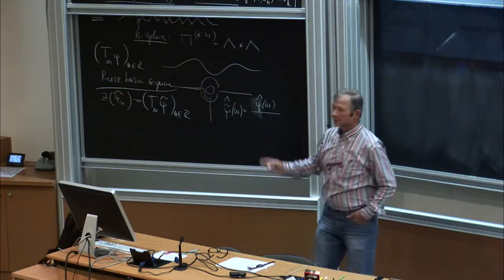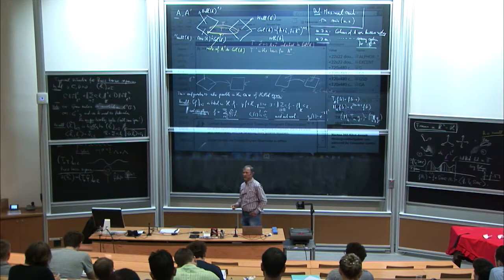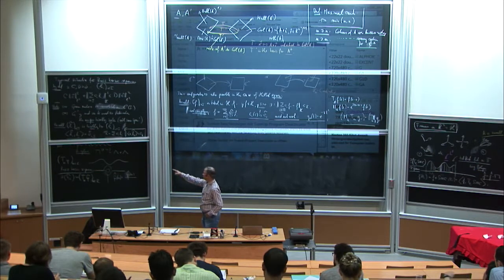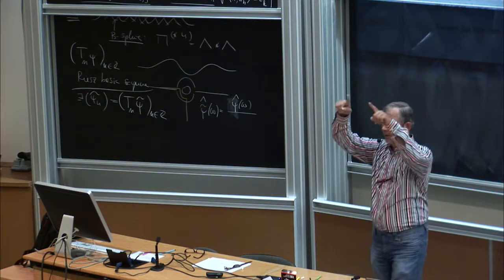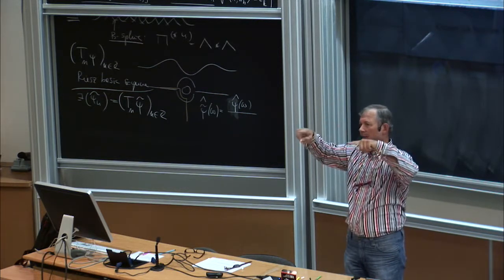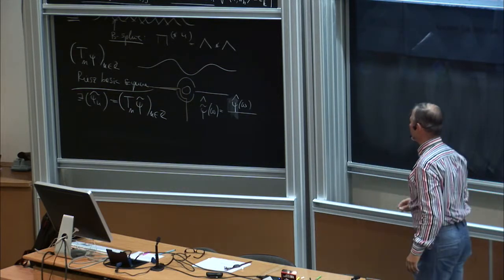In our case, psi would be the Fourier transform of the fourth convolution power of the rectangular function, which is sinc. So it would be just sinc to the fourth power. So it's a non-negative function decreasing like x to the power of minus four. So it's a bump with some small side bumps. It's a relatively harmless function.